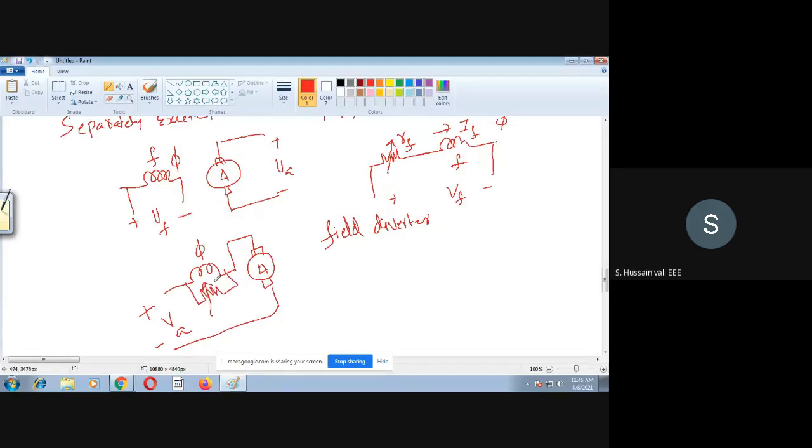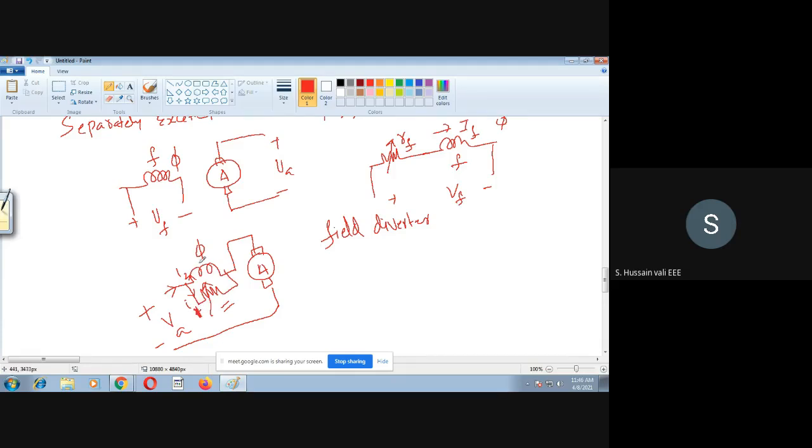When you vary the rheostat, the current which is coming here definitely will take two paths. One path is through the field winding, the other path is through the rheostat. So when I vary the rheostat position, the current in the rheostat and the current in the field both vary.